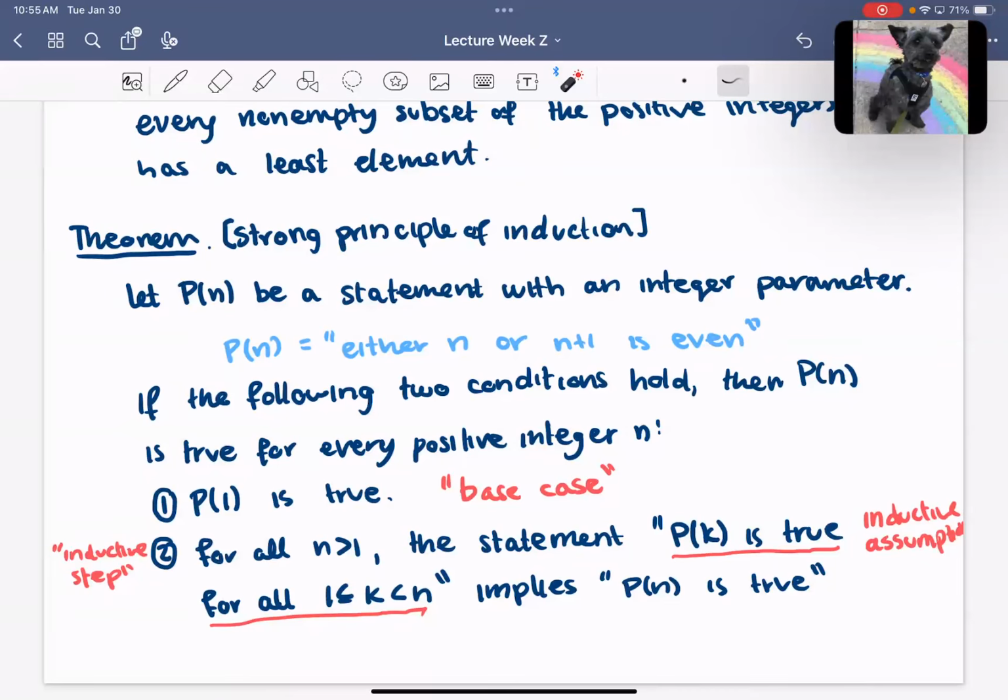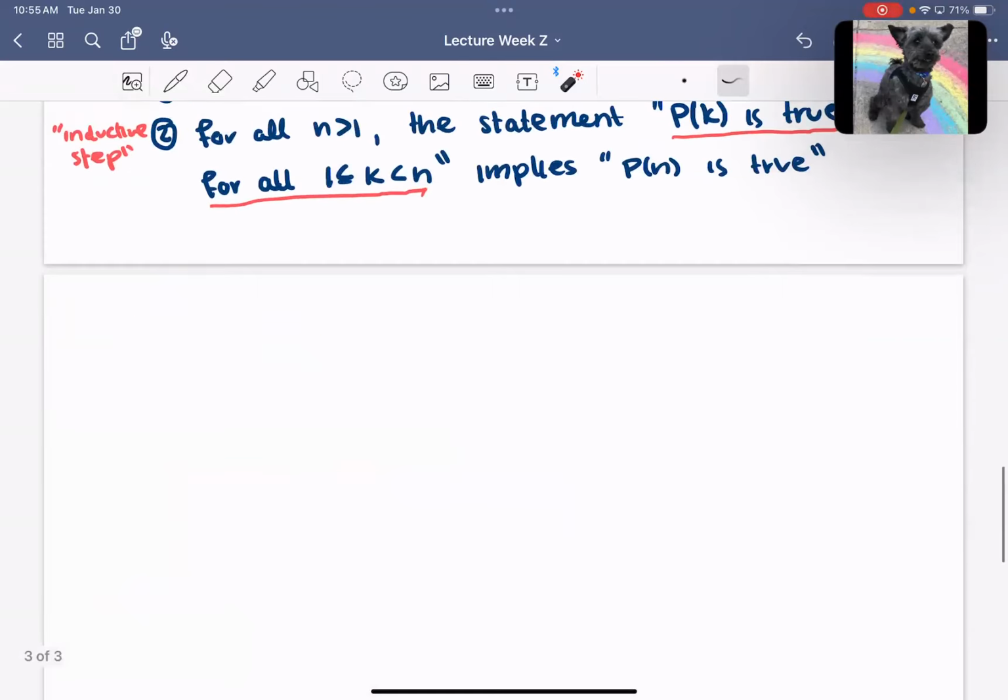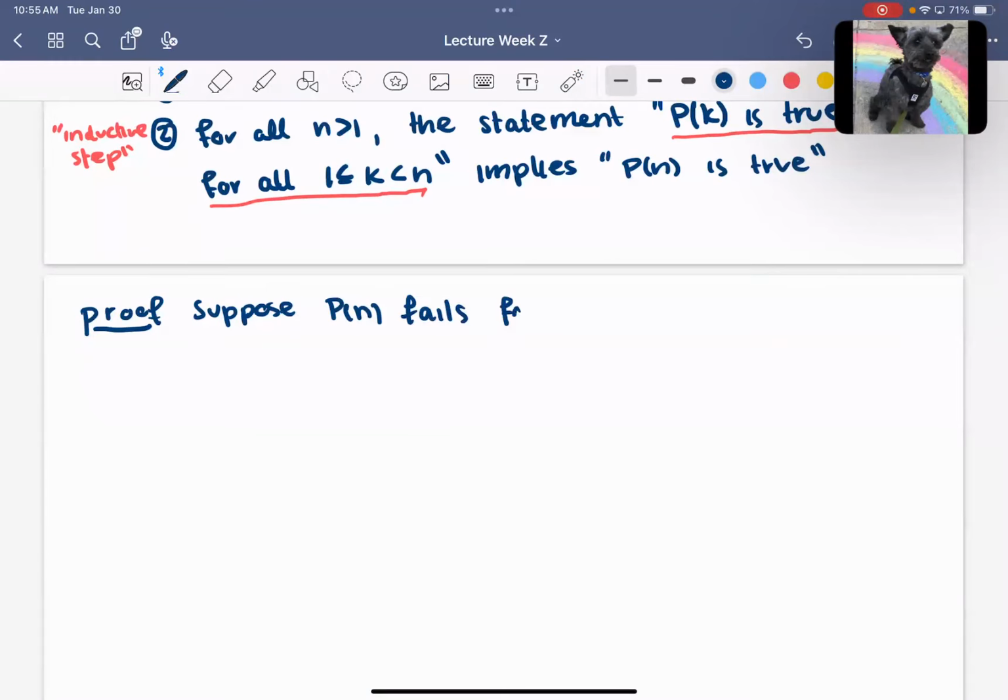Okay, so let's prove this theorem. It's actually fairly simple, so it's going to be a proof by contradiction. So let's suppose that P of n fails for some n.